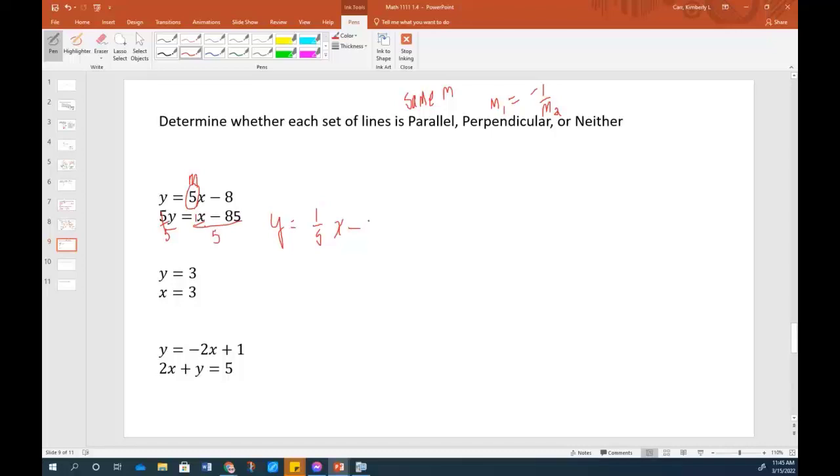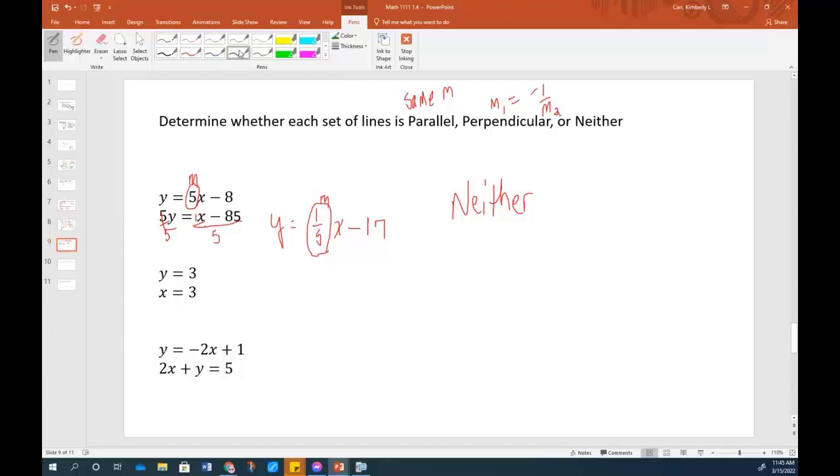It'll go in there 17 times. So here is your second slope. They are not the same, so it's not parallel. They're also not perpendicular. It would be if this one were negative 1/5, but it's not negative. Those are both positive numbers, so that automatically means it can't be perpendicular. So this very first set is neither.